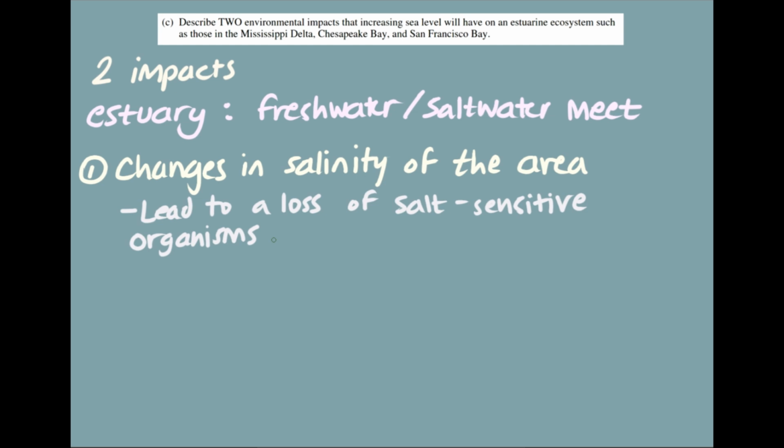Another one, so for our second impact, let me try to change colors here so we can see a little bit of a difference. Well, that's still a close color. It's a little different though. Another impact, so estuaries are inherently places where they absorb a lot of water. We have a lot of water systems going on here. So if that ecosystem reduces in size in any capacity, that's going to increase the likelihood of flooding of places around it.